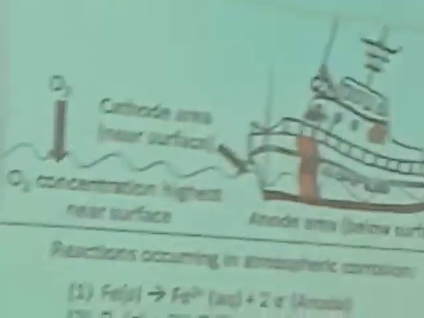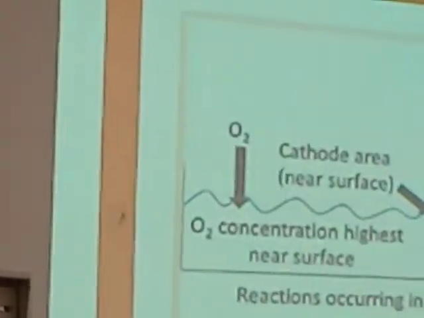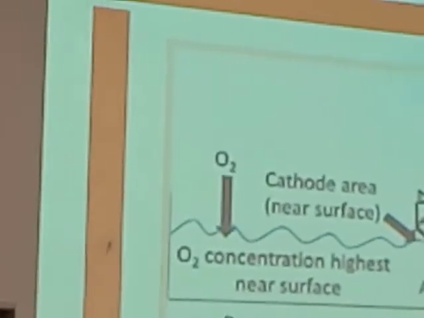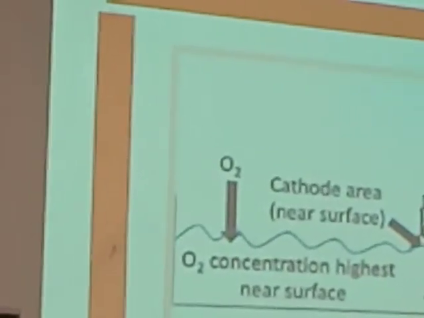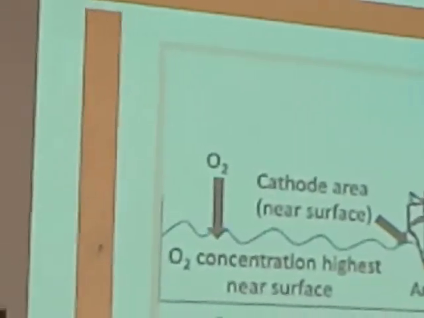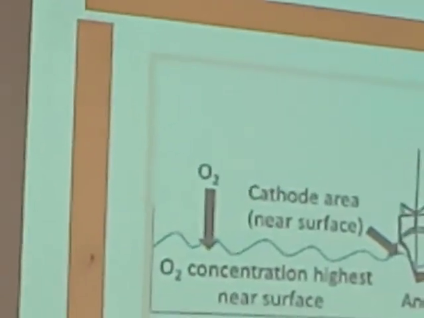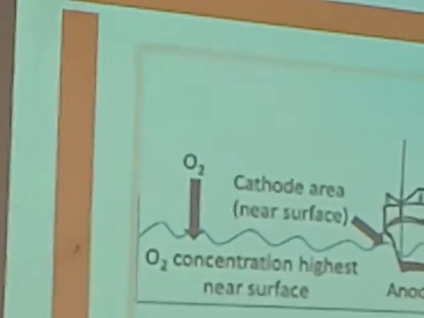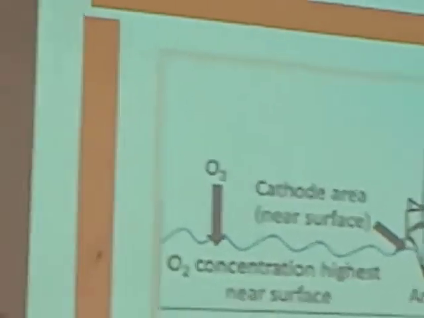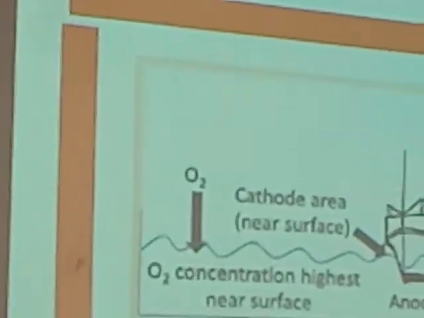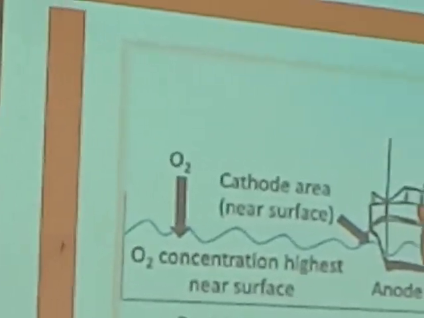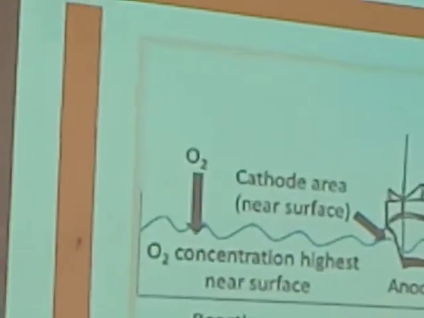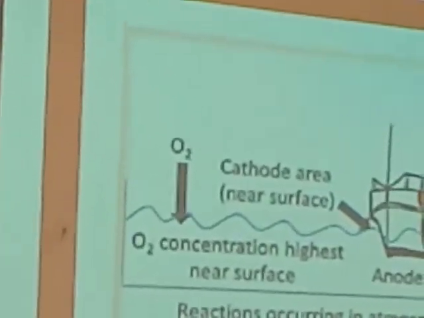Okay, the anodic reaction is iron, Fe0 becoming Fe2 plus. What is happening here? Iron is getting oxidized at the anode, and where is this iron coming from? Is this iron the surface of the vessel, meaning the surface of the ship? Correct, no?